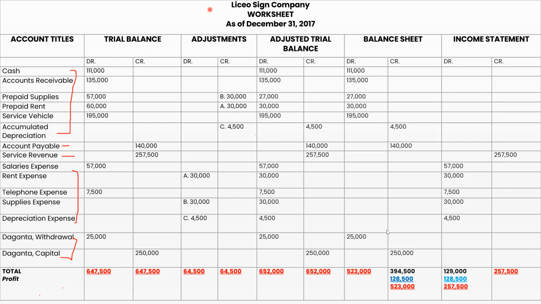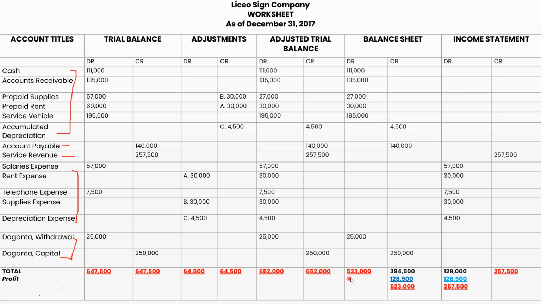Okay, yung sa balance sheet, saan siya galing? Now, take note, magkano po yung total debits? 523,000. Magkano po yung sa credit total niya? 394,500. Now, hindi siya balance, 'di ba? Kasi hindi talaga siya balance because the difference is what? The profit.